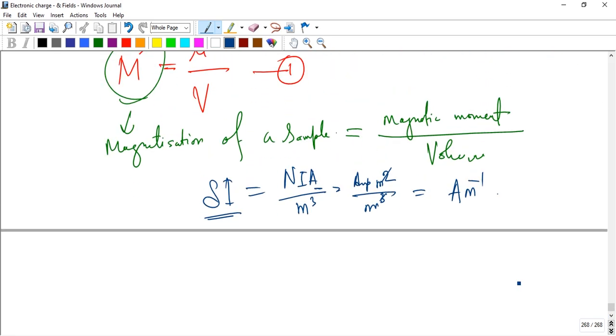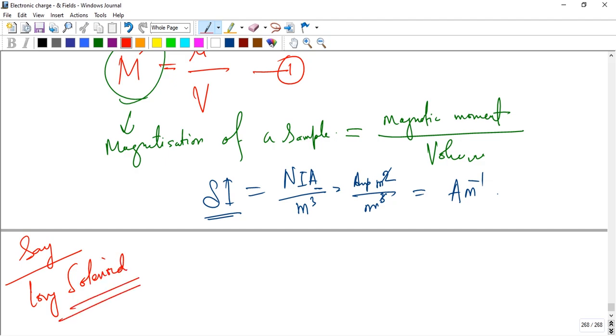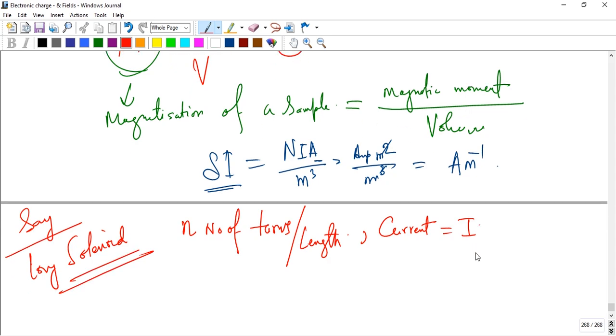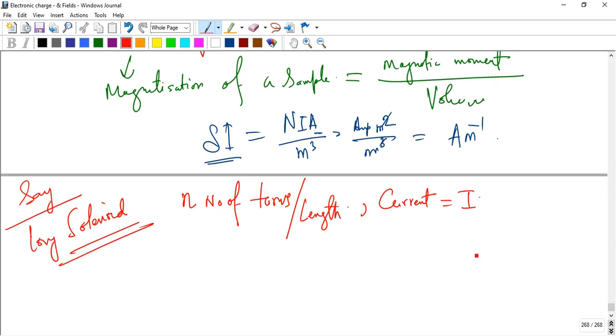Now consider a long solenoid with n number of turns per unit length, carrying current I. What is the magnetic field in the interior of the solenoid?